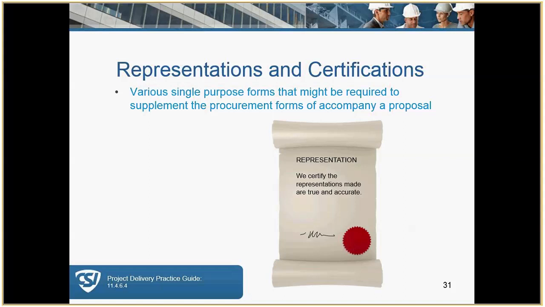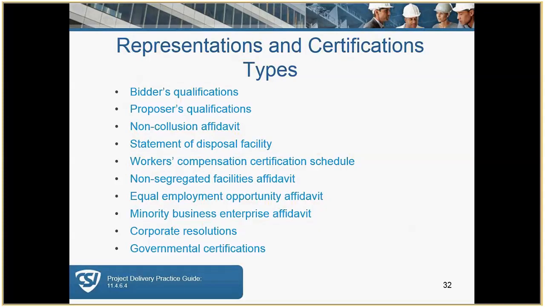Those are two things that you want to make sure the owner realizes if they've accepted the low bidder, who they're negotiating with, or who they're accepting the bid from, if it's a public entity, to sign the contract and perform the work. These are some of the various certifications that may be required to be provided by the bidders.